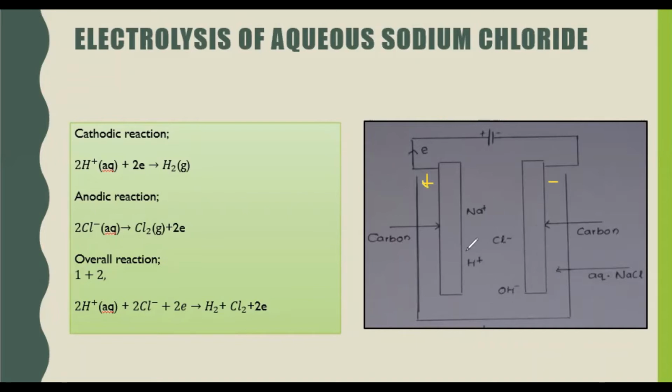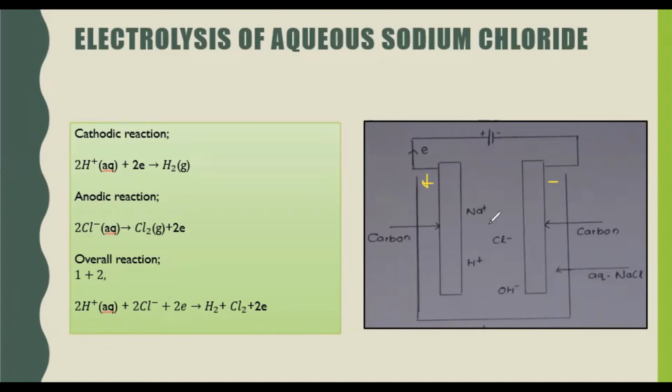Now there will be a small competition here as to who will go near the electrode and who will get reduced. The 2 positive ions are there, sodium plus and H plus. Now this one also wants to go here and get reduced and this one also wants to go here and get reduced. But whom do you think will get the chance? There is a method of identifying this.